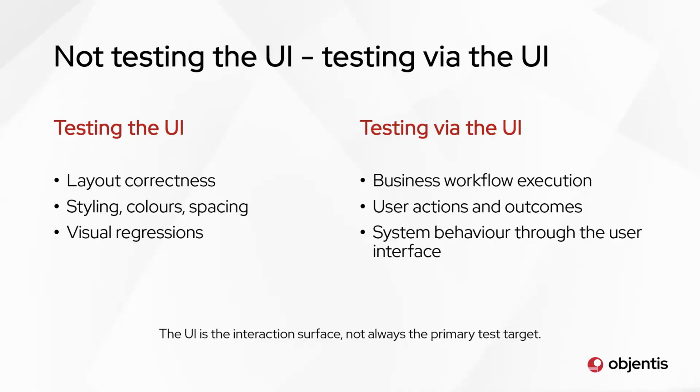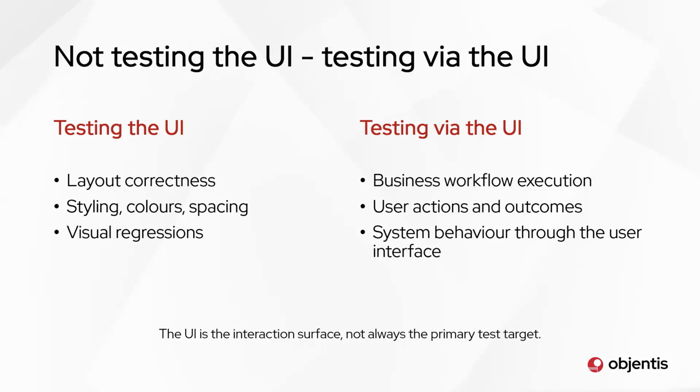So when you test the user interface itself, you check most probably for layout correctness, for stylings, color, spacing, also for visual regressions. So this whole topic around visual regression testing is partially about testing the user interface.